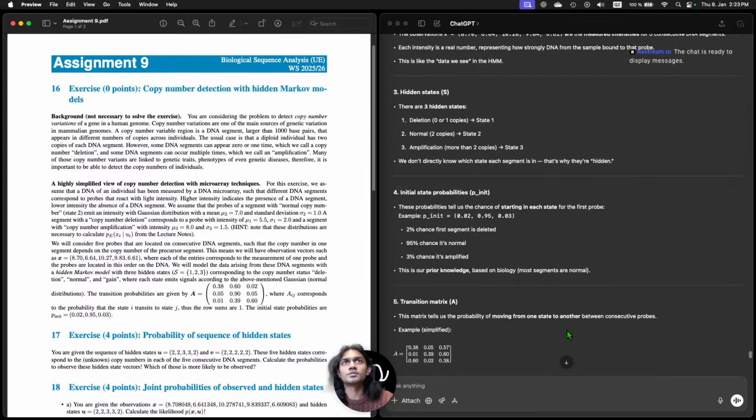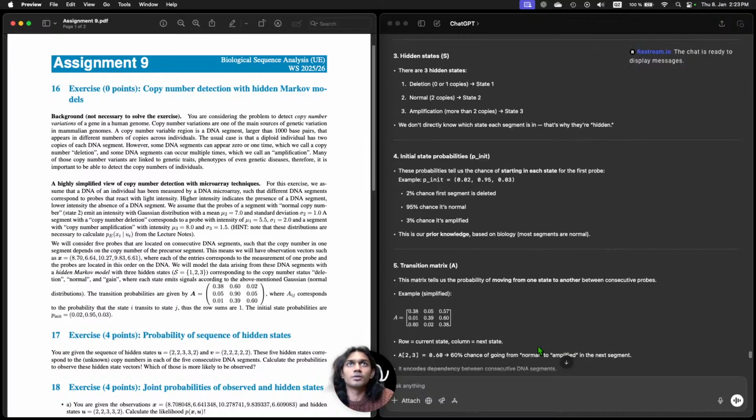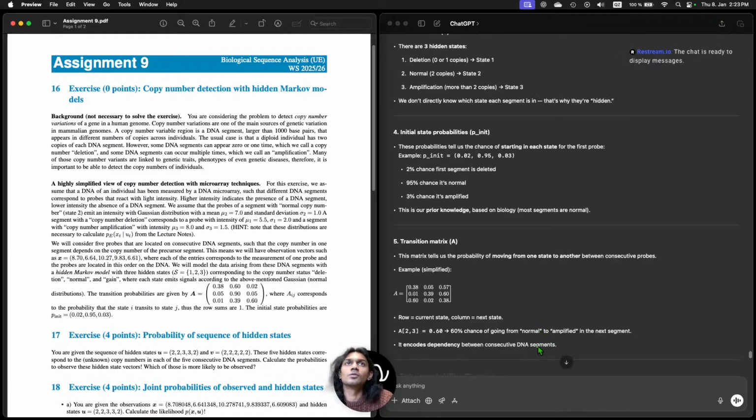Transition matrix. This matrix tells us the probability of moving from one state to another between consecutive probes. Example: row equals current state, column equals next state.